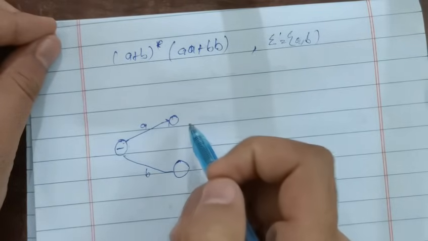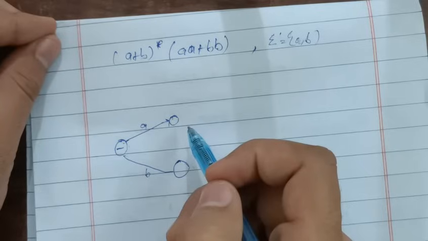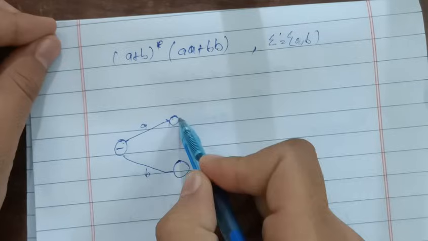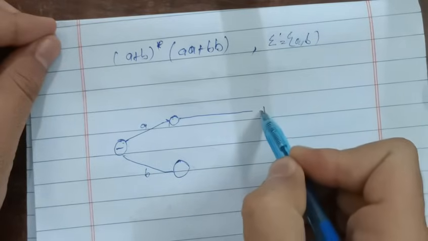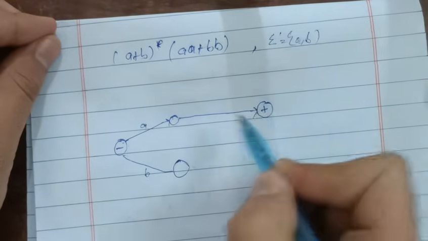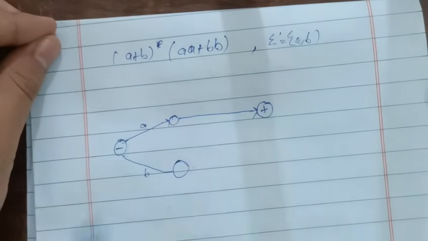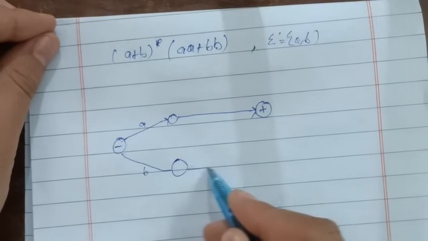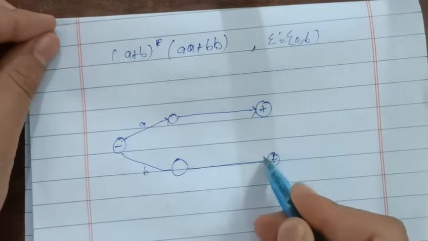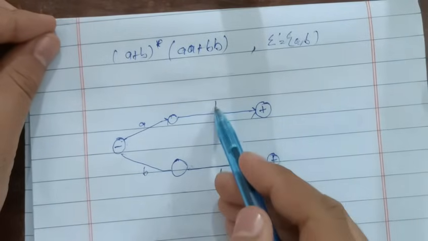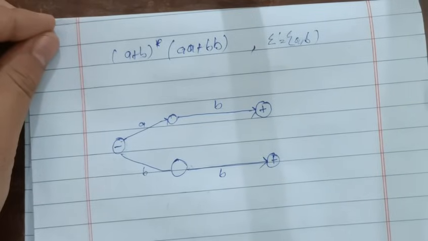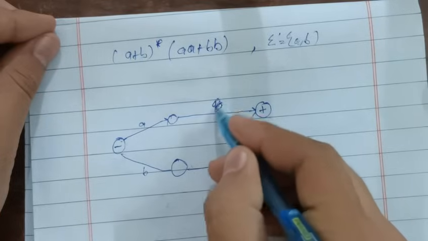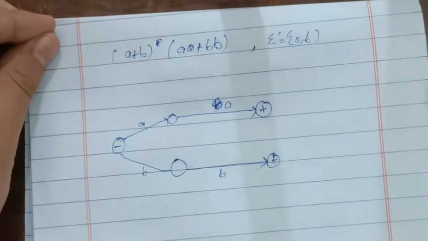Now we are moving toward these states, right? So if again A comes, it will move toward its final state. You must draw these arrows because they show the direction where the transition is going. Okay, and the other transition will also come over here, that is B. Now sorry, here it is not B, it is A. By mistake I wrote A and B here.